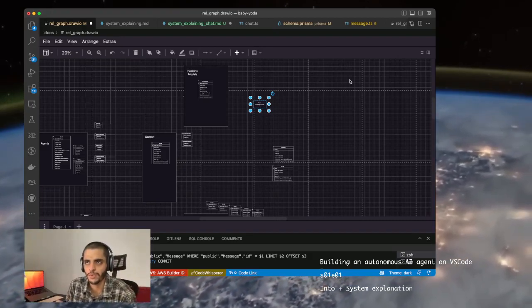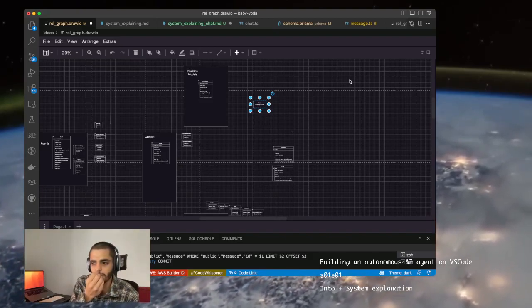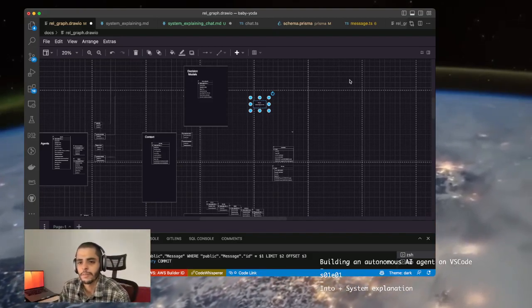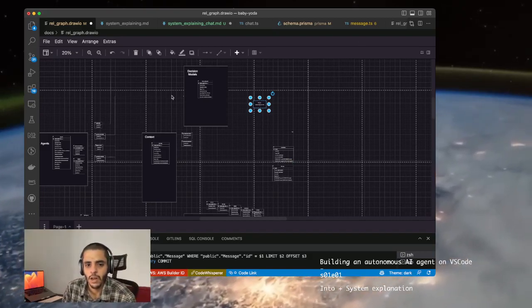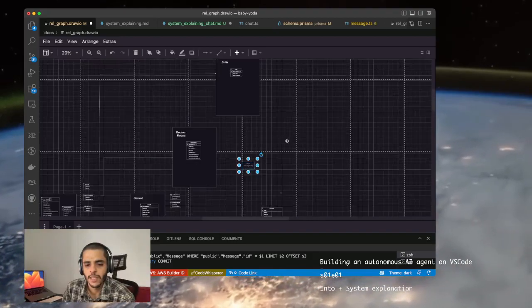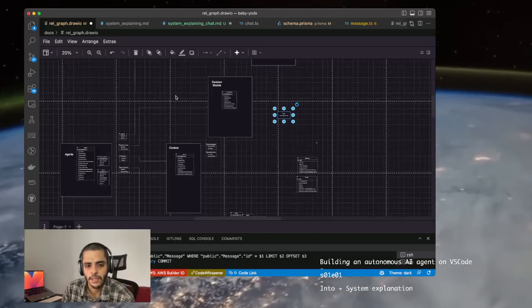So what we only need to make it also more accessible to other people is to figure out a way of editing all of this information into a certain agent, right?